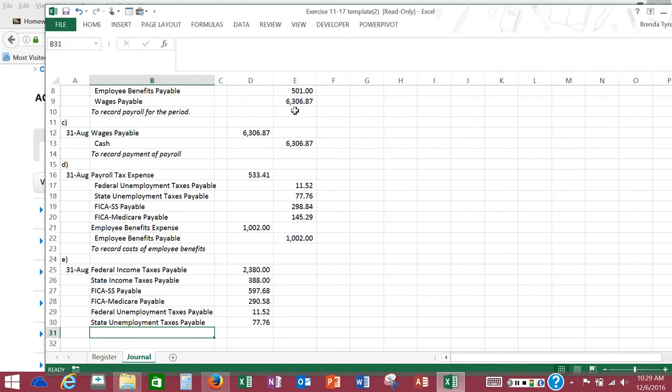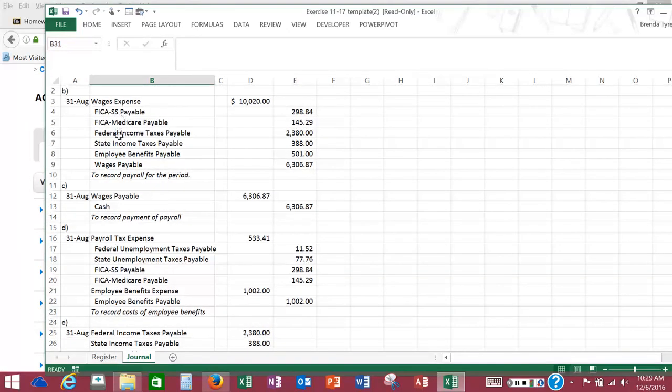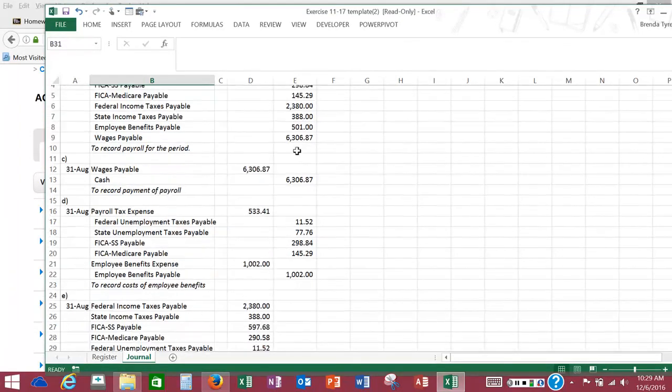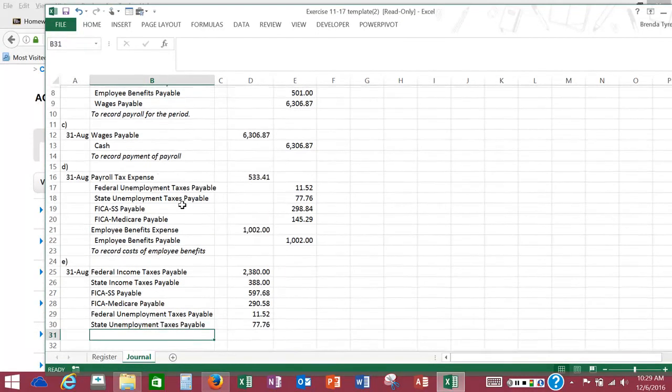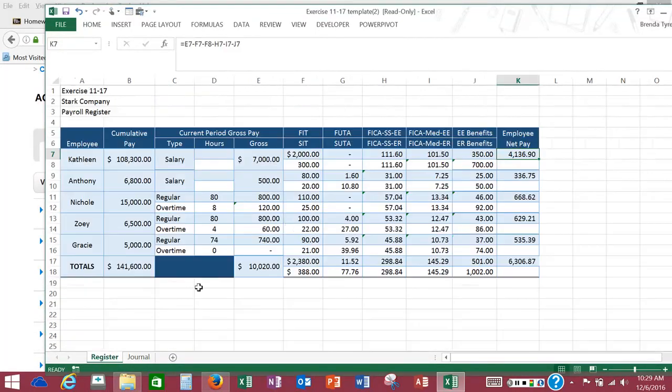What other liabilities have we presented? The only one that appears that we haven't done yet is the employee benefits payable. So if we look at our register, that looks about right.